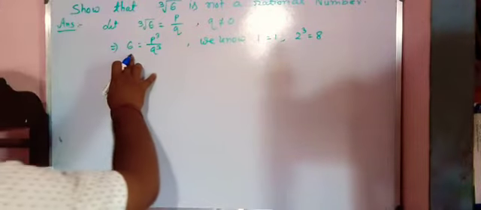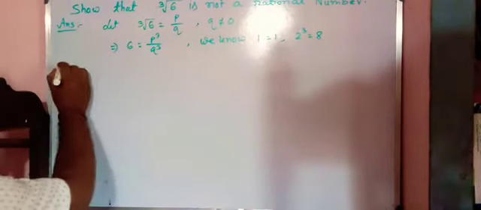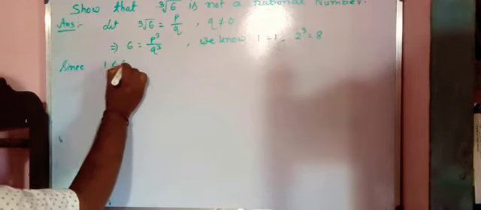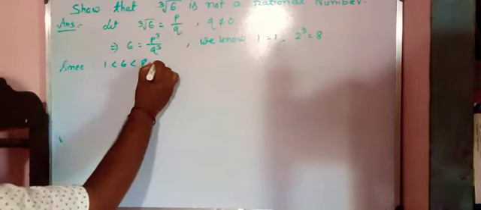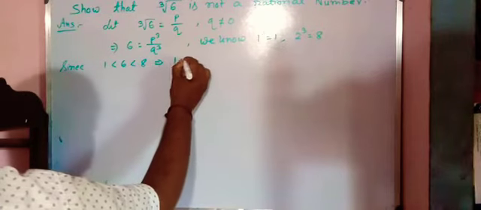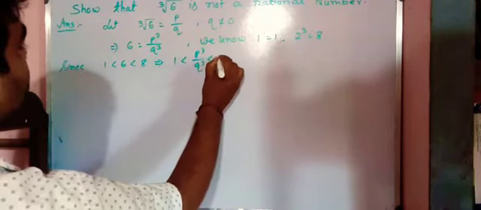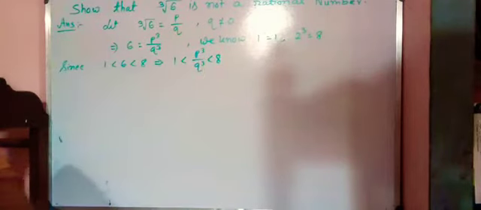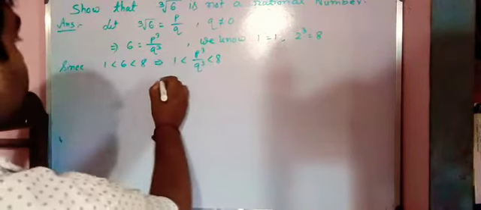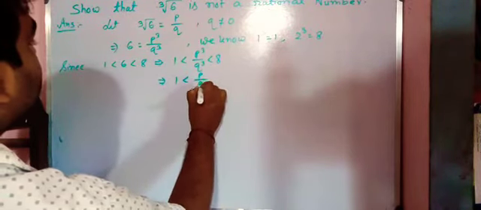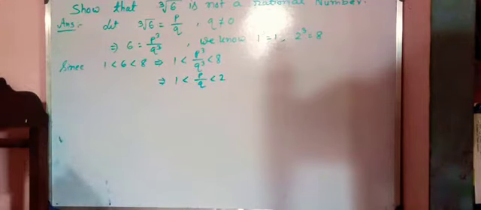Now since 1 is less than 6, and 6 is less than 8, that's implying 1 is less than p cube by q cube, which is less than 8. Hope you will be able to understand it. That implies 1 is less than p by q, which is less than 2.